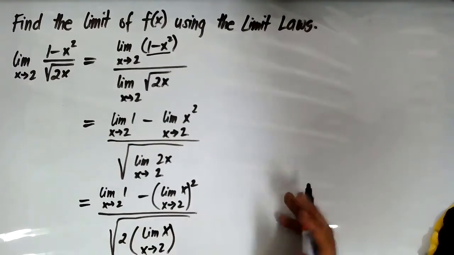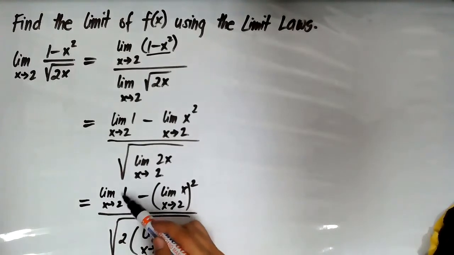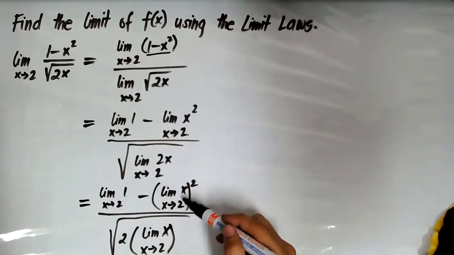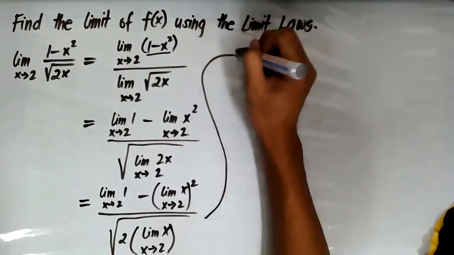So basically, you can get the individual limits. In here, apply the basic limit law, which is the constant function. Here, the identity function. And in your denominator, apply also the identity function. So let's move on here.